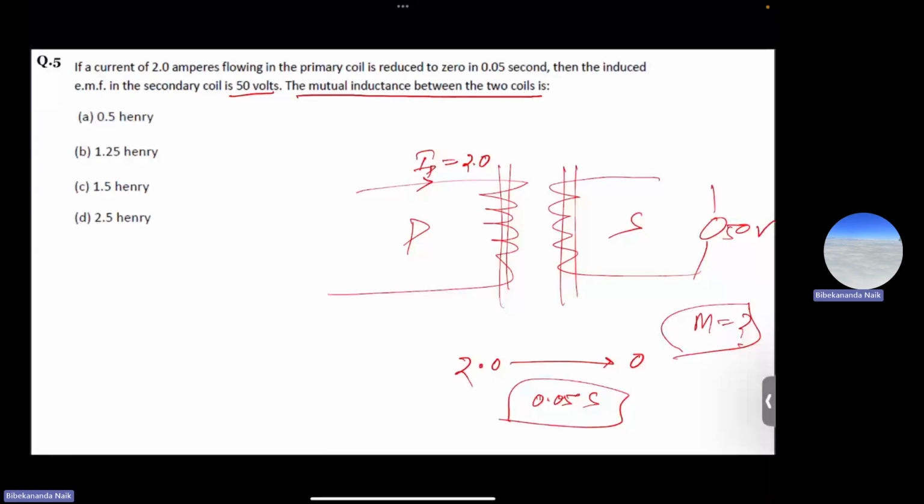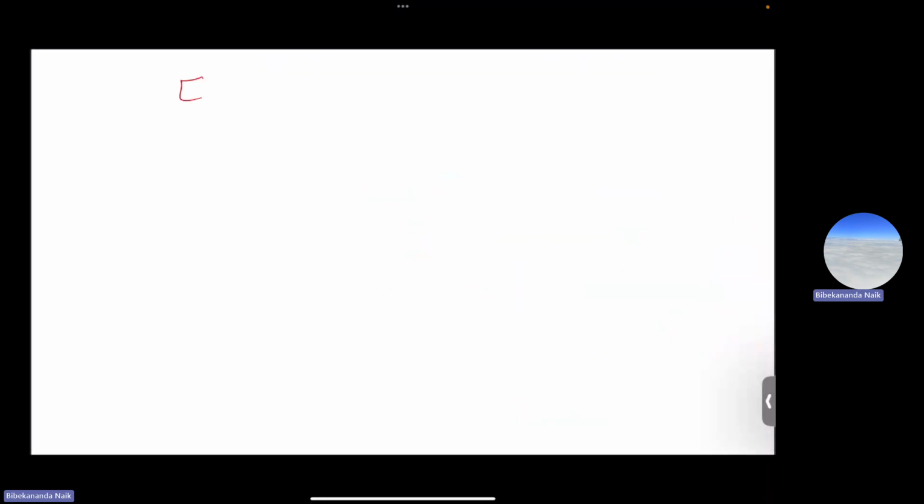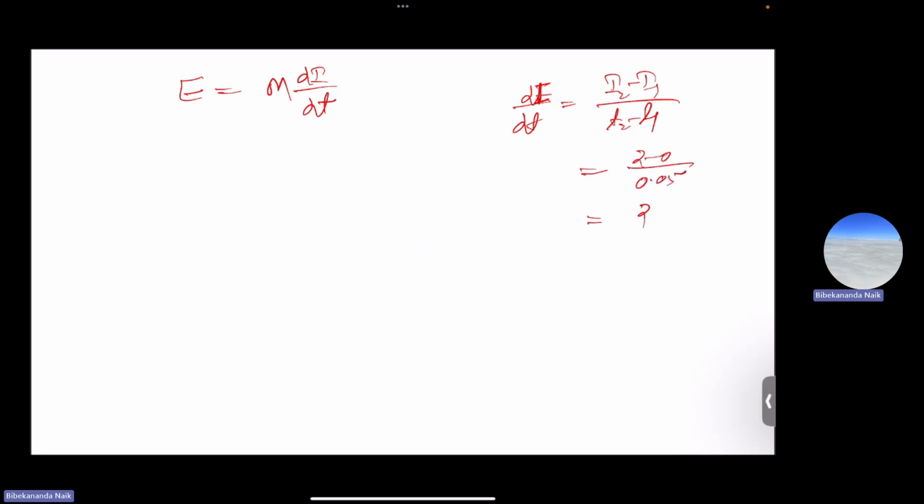So as we have already discussed, the induced EMF is given by M di by dt. So what is di by dt? di by dt is equal to I2 minus I1 divided by T2 minus T1. The current changes from 2 to 0 in 0.05 second, so 2 minus 0 divided by 0.05, that implies 2 divided by 0.05.